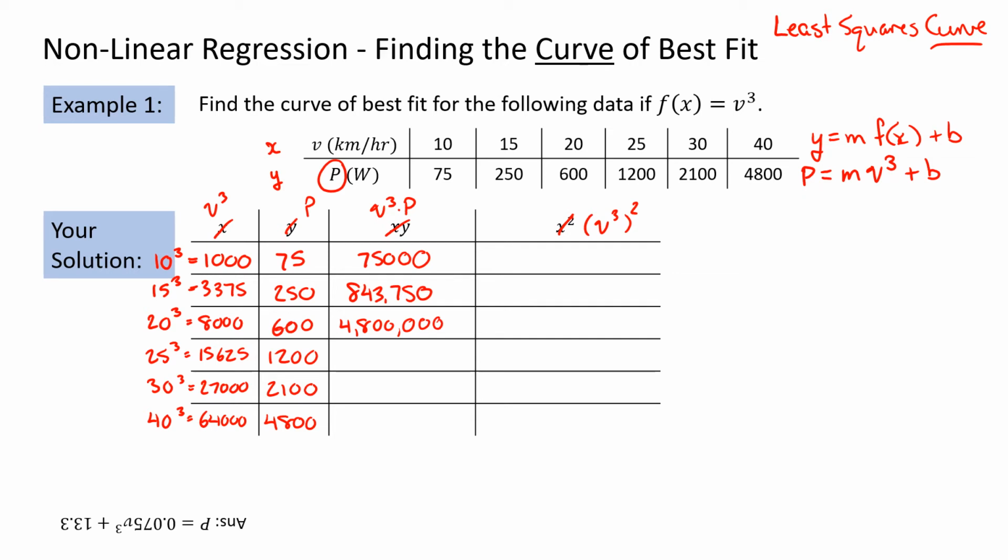15,625 times 1,200, which is 18,750,000. Then 27,000 times 2,100, 56,700,000. And 64,000 times 4,800, which is 307,200,000.